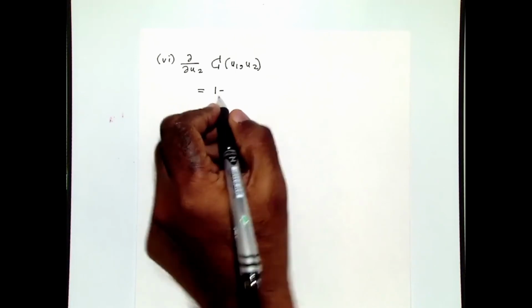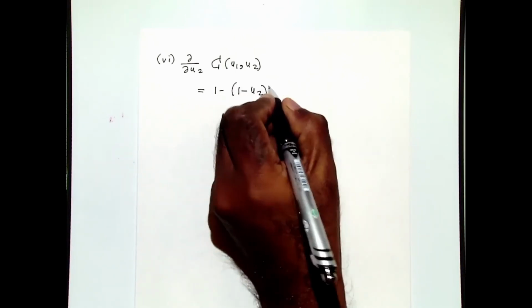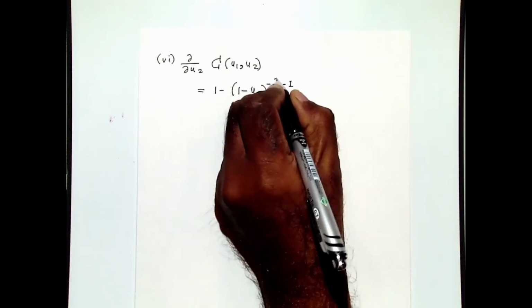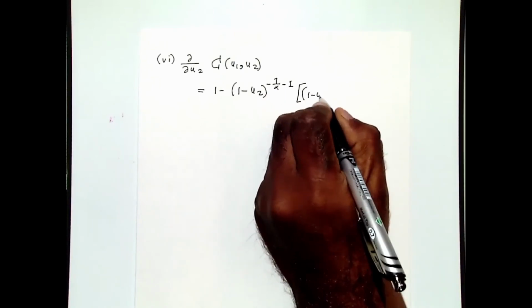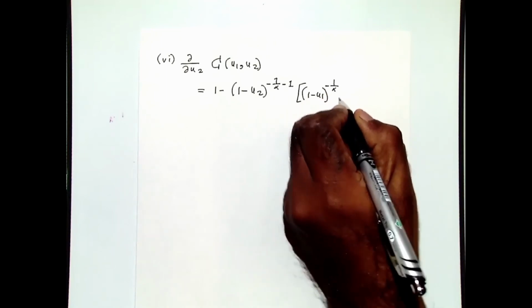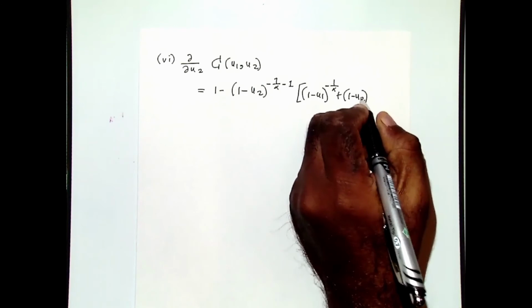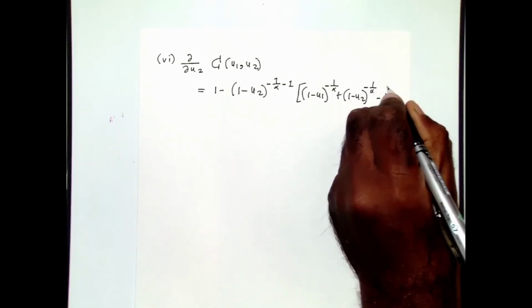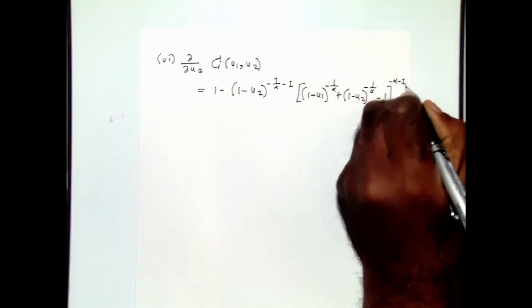You get 1 minus u2, then in brackets you have this.